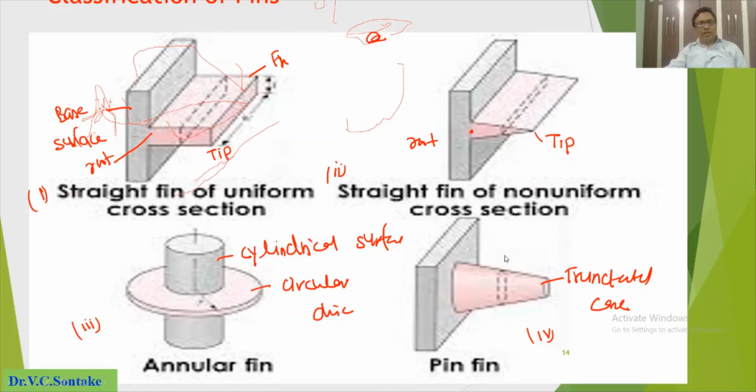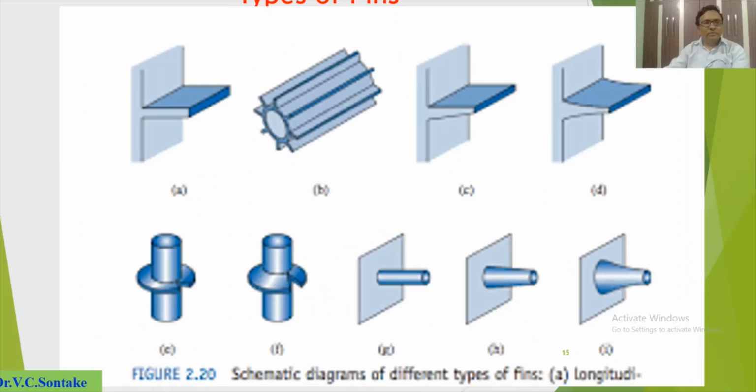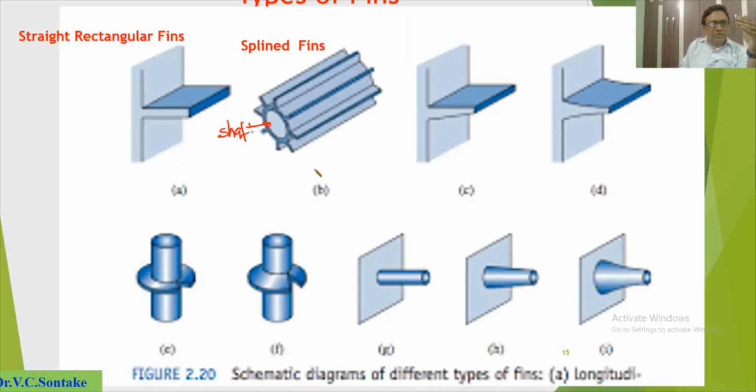So from here we can observe what we mean by fins of uniform cross-sectional area and fins of non-uniform cross-sectional area. Then there are different types of fins: straight rectangular fin, splined fins. When rectangular fins are provided over a cylindrical shaft, they are called splined fins.